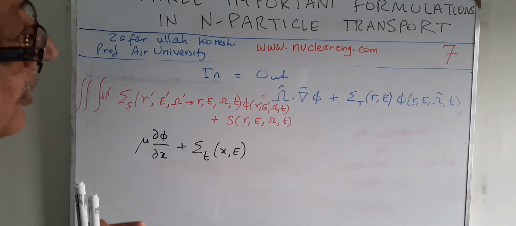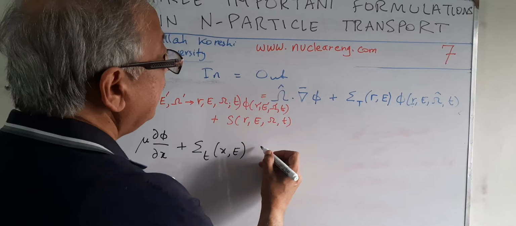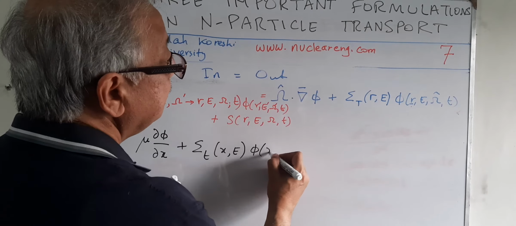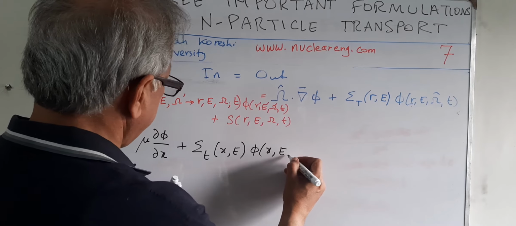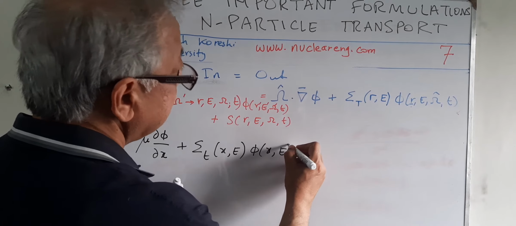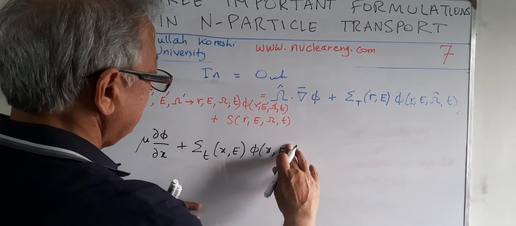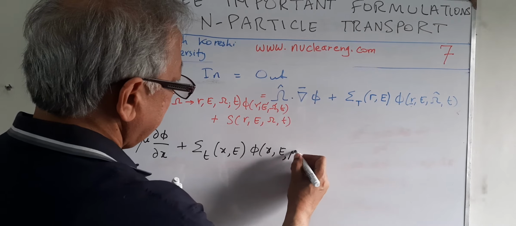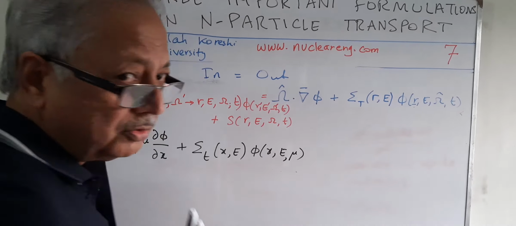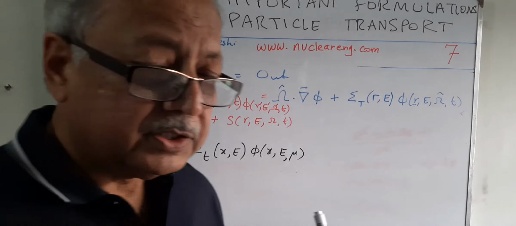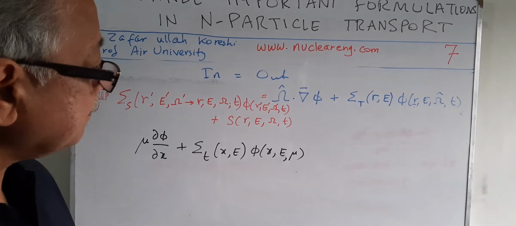And let's get rid of the angle part over there. So in other words, let's say that I've integrated over everything, and let's say I'm not interested in time also. So phi x e mu. Okay, so there's a mu over here because I showed you this time that d omega is d mu times d phi.